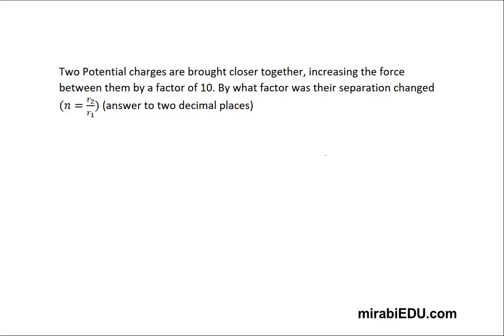Coulomb's law expresses that if we have two point charges, this is Q1 and Q2, and they are at a separation of R from each other, the force applied by these point charges equals K Q1 Q2 over R squared.